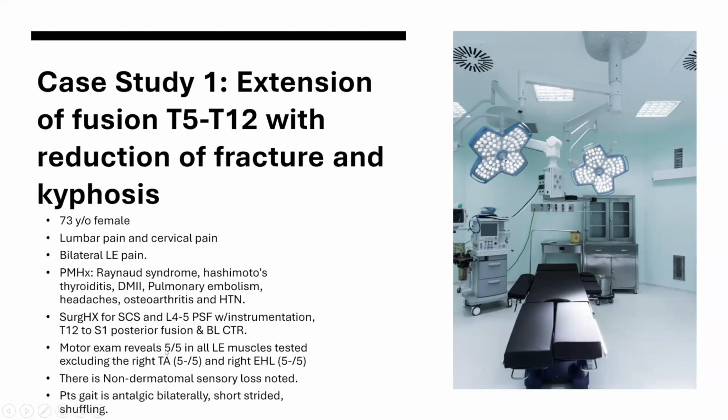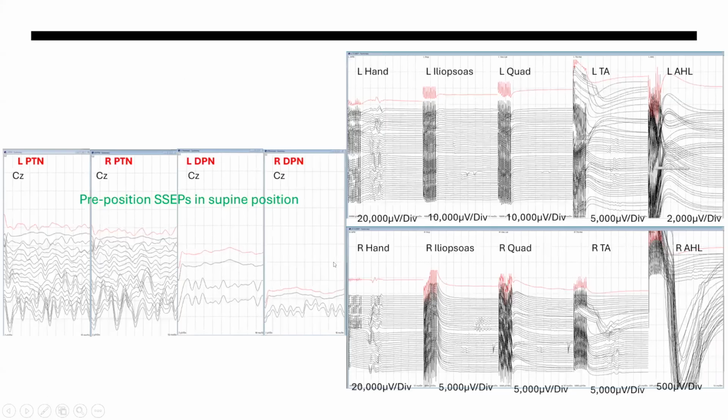But the fact that the patient had a motor exam of 5 out of 5, we should have gotten motor potentials here. So what you're looking at here is our sensory potentials over here and our motor potentials over here. And we didn't have any sensory potentials, but again, we chalked this up to the patient's underlying medical history.